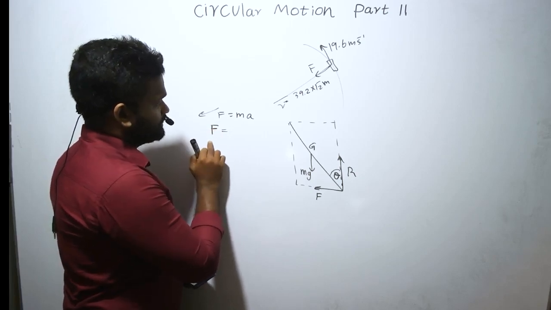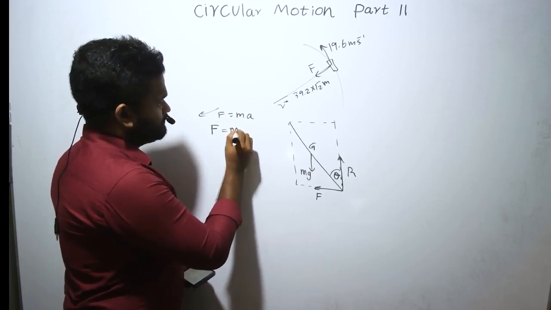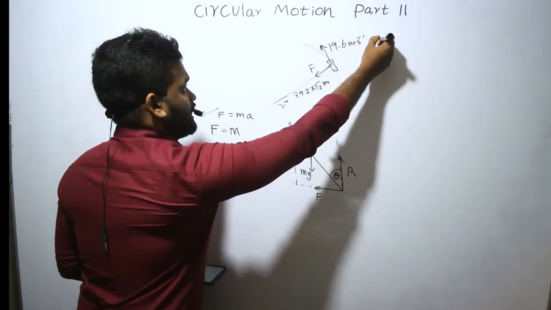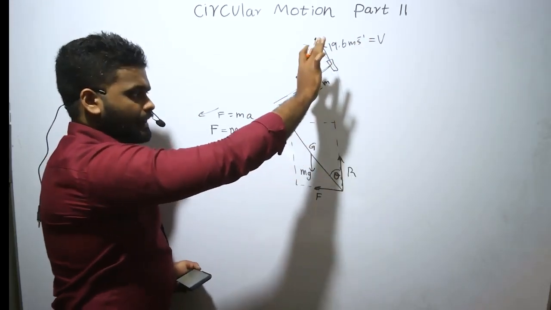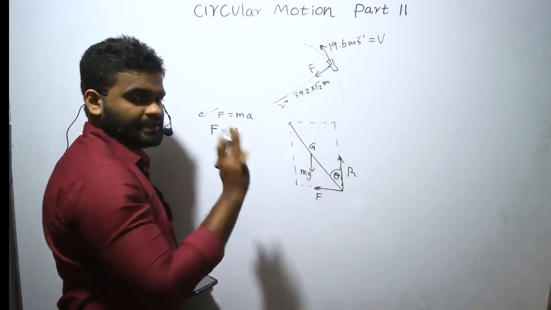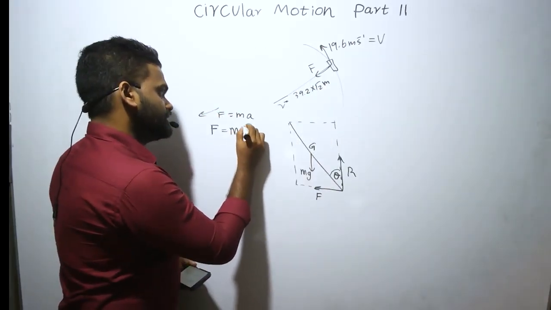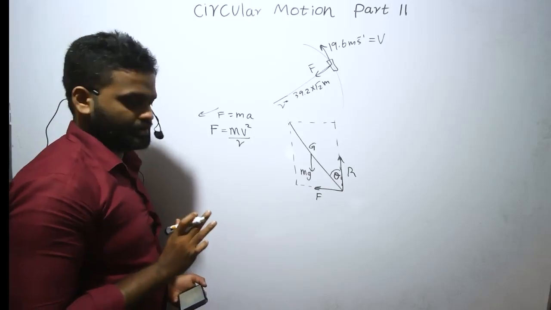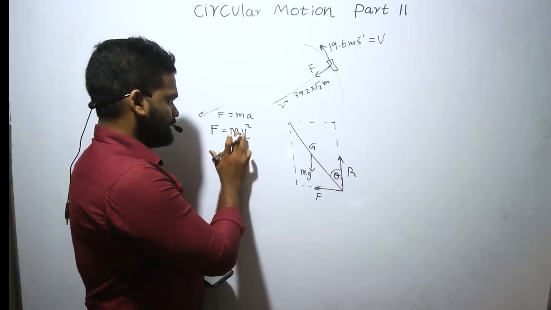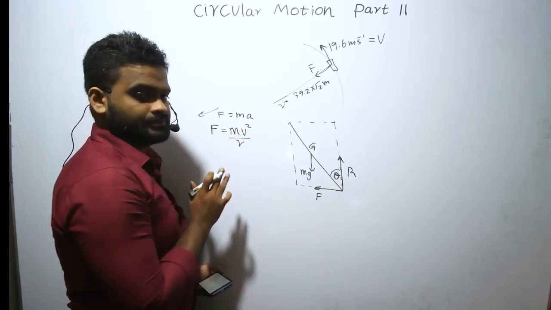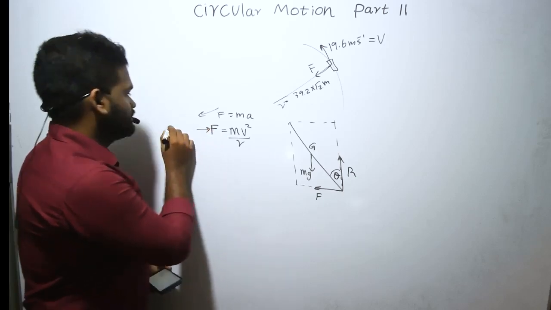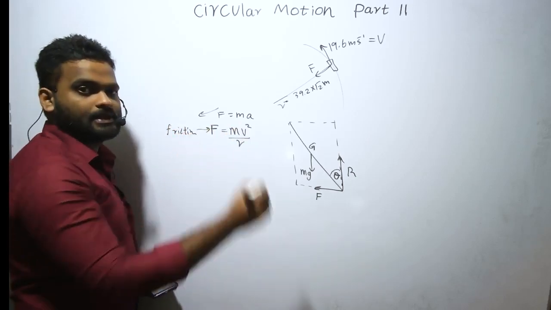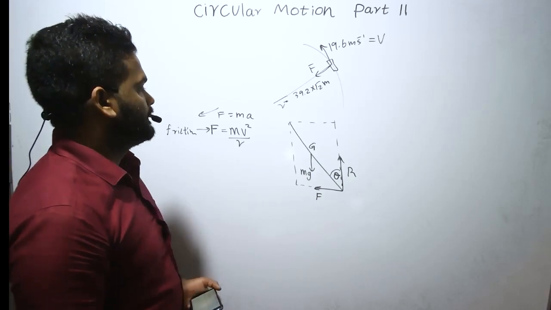Let's say mass of the bike m, velocity v, so v squared divided by r. At the end I'll substitute values. So the friction is mv squared divided by r.